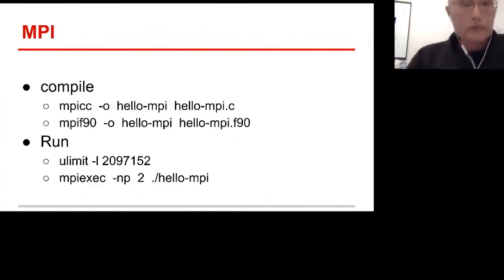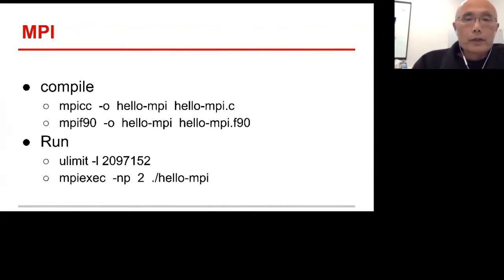Okay, I just wanted to touch on parallel programming a little bit because we'll be running some parallel programs later on. One of the ways you can parallelize a program is through something called MPI, which I think stands for Message Passing Interface. And these programs are written in a special way, and they require a special way to compile.